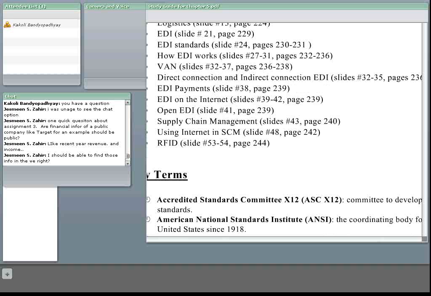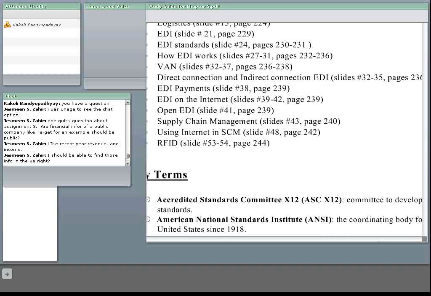Okay. So this is basically a third party that provides all the skills and the equipment and the software needed to conduct EDI, or to receive, store and forward electronic messages that have EDI transaction sets.